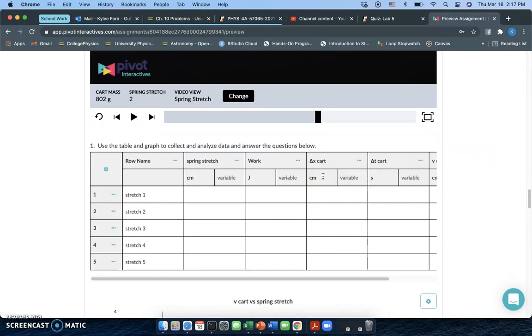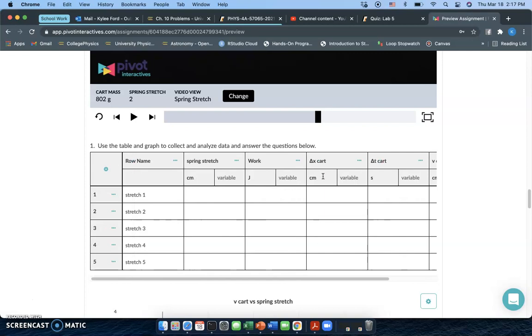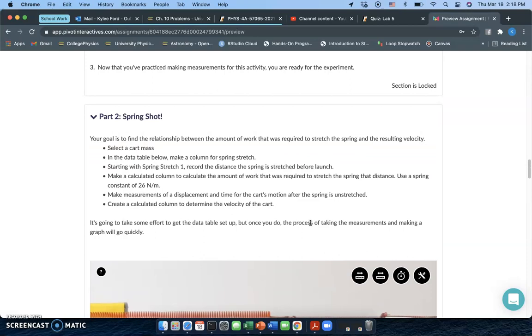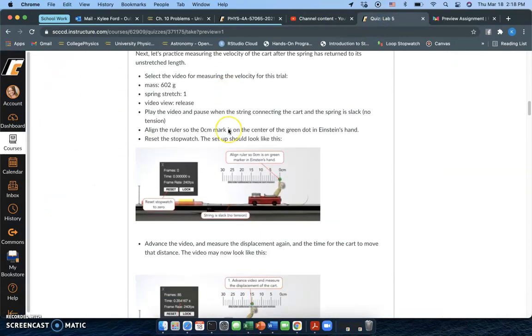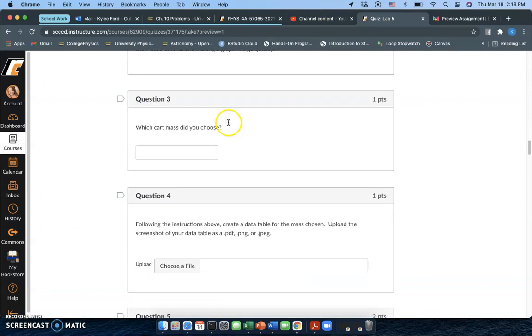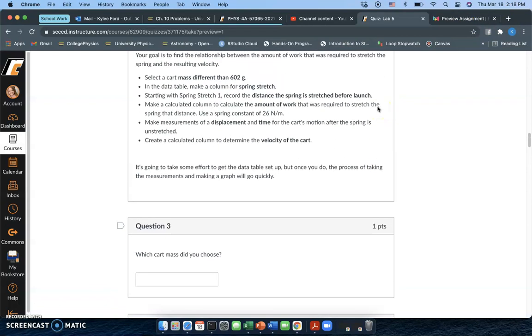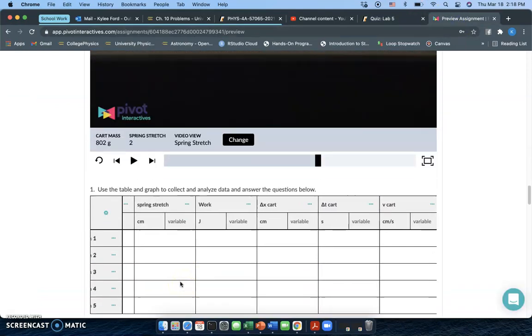It tells you in this data table what you need to write down, what you need to collect for each stretch. You pick one of these masses, anything other than the 602 grams, and then you take your data from there.